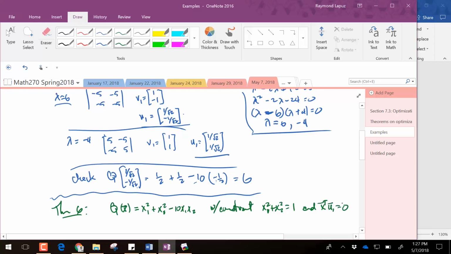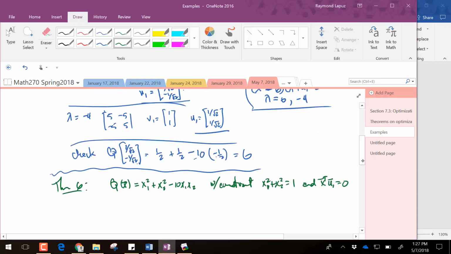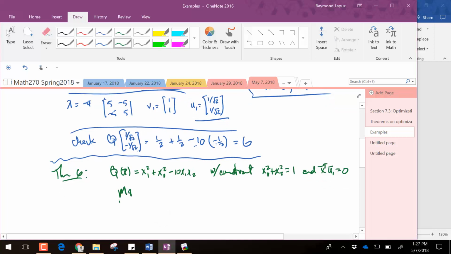So what we're doing here is, if we essentially eliminate this, then our maximum, capital M, is equal to negative 4 with x equal to u1 or u2, which is the u2 vector.